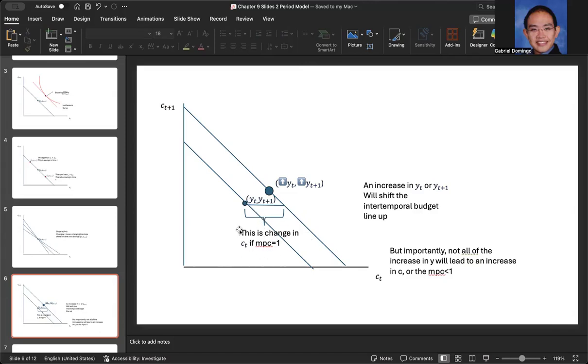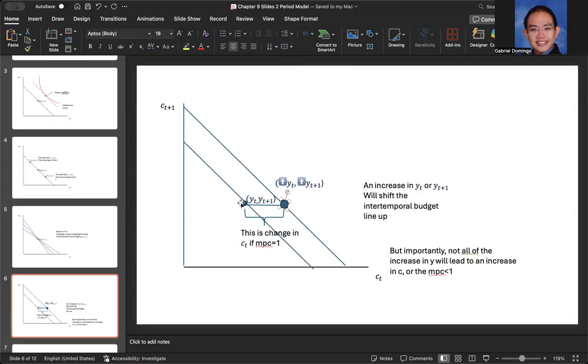This last part here, so here I had thought that instead of moving both of them going up, you will increase your YT only. So if you increase your YT only, this blue dot will be here, right? You can move this blue dot down here. And then there'll be this change in YT here.